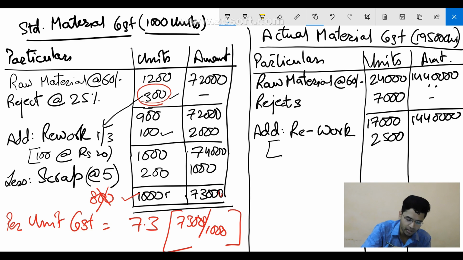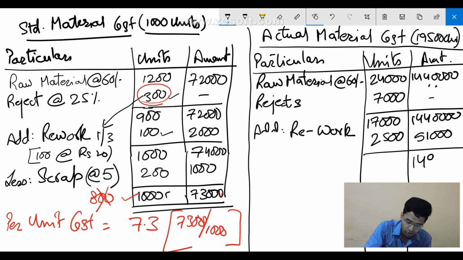So ideally it should be 50,000. However, the question says that it is 51,000. The rework is not equal to what should be there, but it is actually 51,000. So the total amount which is there with us is 14,91,000 which we have spent till date, and for this amount we have produced only 19,500 units.